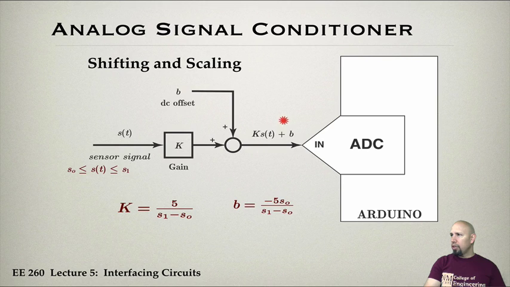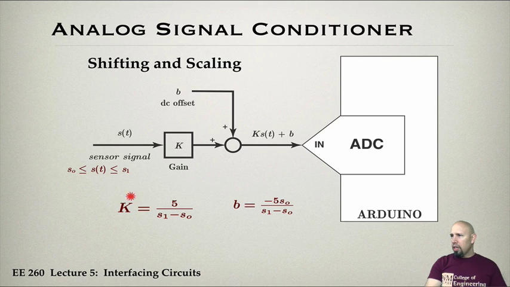And so basically what we would do is use a transformation that looks like this. This is like a slope-intercept form. The intercept is what's called a DC offset. That's the amount you need to shift upward.